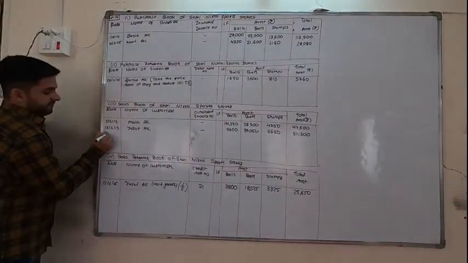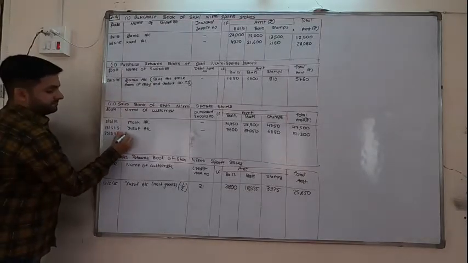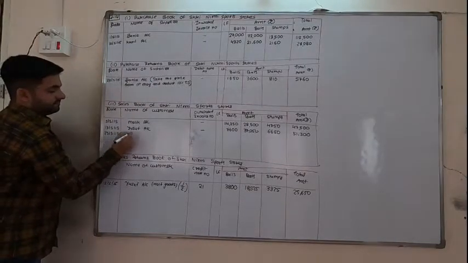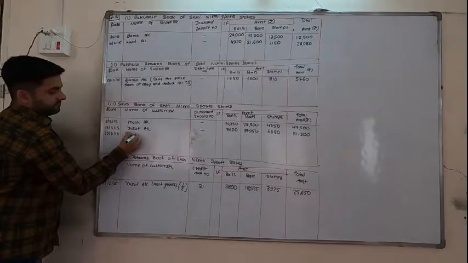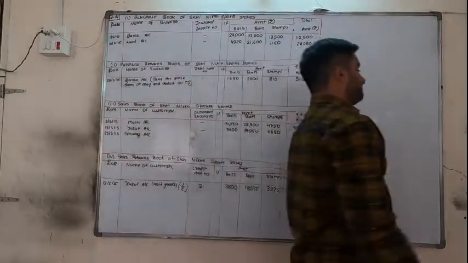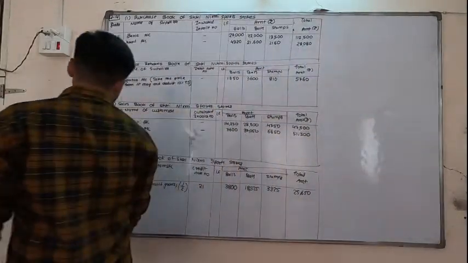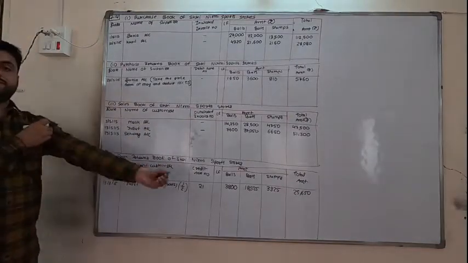So on 25th May 2015, Sevak account. Bill number is given? No. But how to sell the goods?